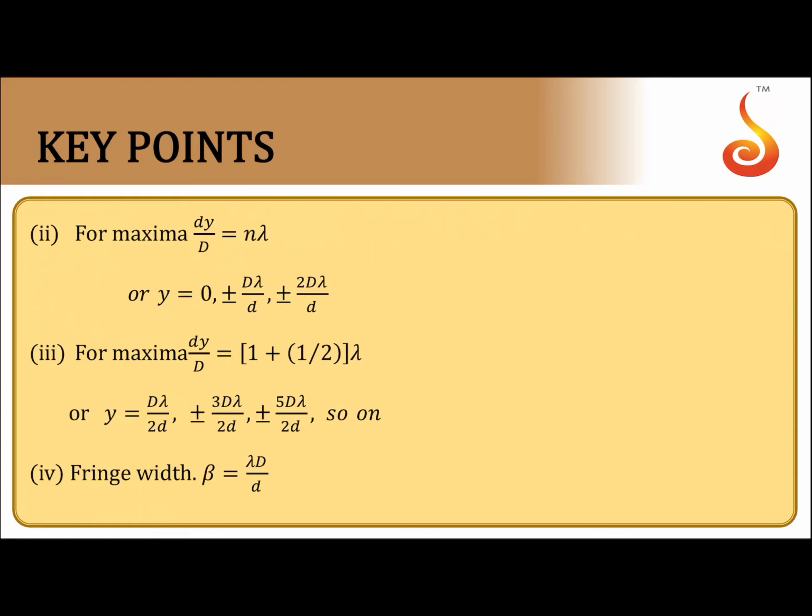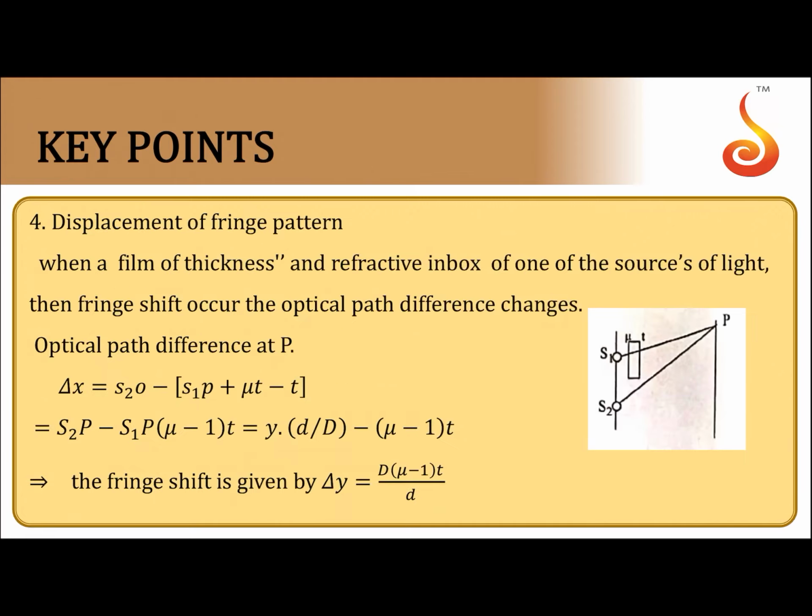Path difference can be written like this. For maxima, the path difference will be this, and the y coordinate of the maxima will be given by this formula. Fringe width is D lambda by d, that is the distance between two consecutive maxima or two consecutive minima.